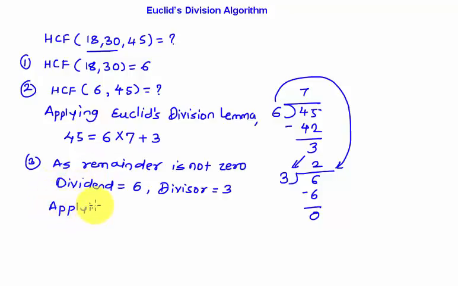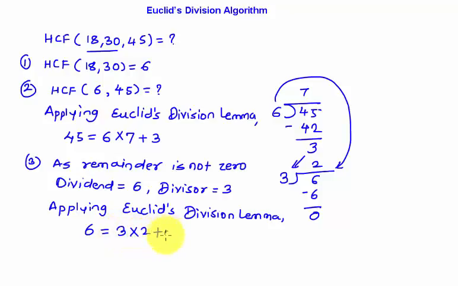Applying Euclid's division lemma, what we get? The dividend, which is 6, is equal to the divisor 3 into quotient 2 plus the remainder 0. Now at this stage the remainder is 0.